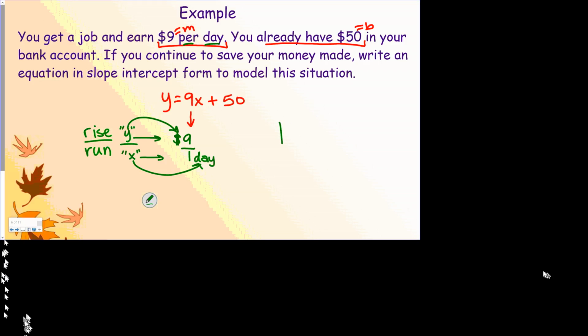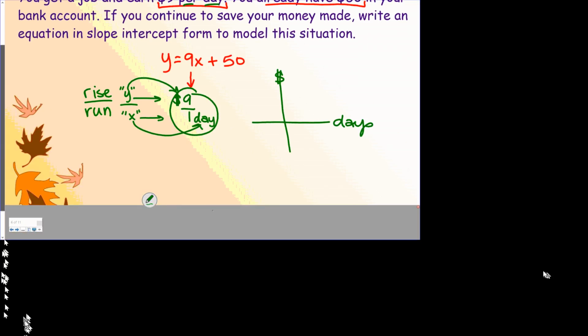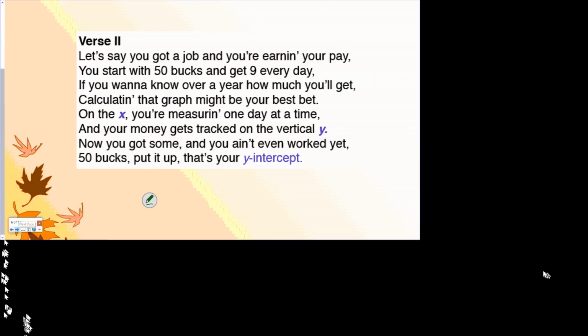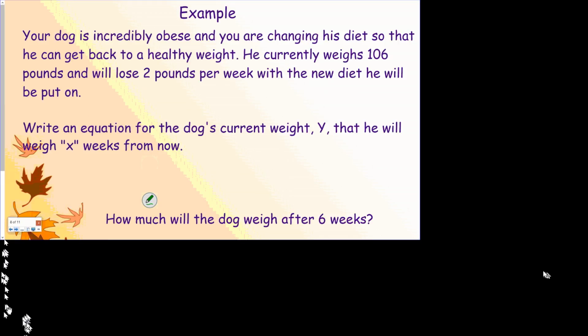So if you did graph this equation, you would know that the x is your days in this problem and the y is your money because of the way the slope was written. Okay, so that's just a helpful tip. And this problem did come from the Rise Up, Run Out rap, if you'll remember that from our lesson a couple days ago. This was the lyrics for the rap, and we talked about that. So just showing how that word problem applied with slope-intercept form. Okay. All right, we have another one.